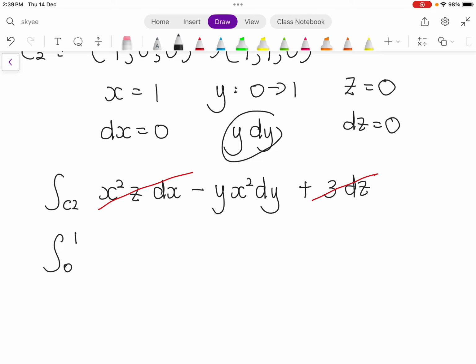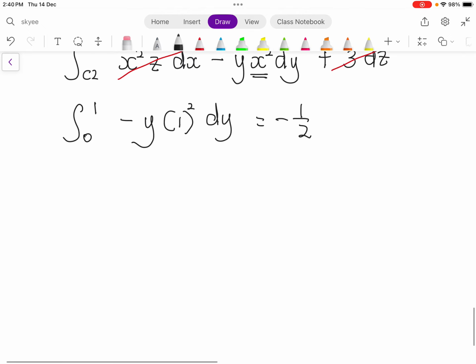We put the interval, we put the y, and the x in this case is equal to 1, so 1 squared dy. Now you can use the calculator to find the answer. With the negative sign, with 1 and 0, you get negative 1 over 2. So this is the line integral for path C2.